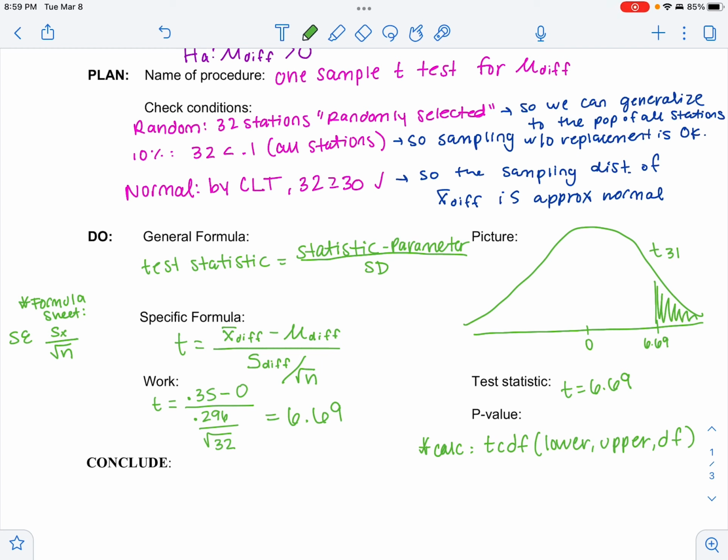So I would do tcdf of 6.69, comma, 100,000, comma, degrees of freedom 31. And when I plugged that into my calculator, I got 8.76 e to the negative 8. And if I move this over 1, 2, 3, 4, 5, 6, 7, 8, that is quite a small decimal right there. And if it is that small, then I'm going to say my p-value is approximately 0.